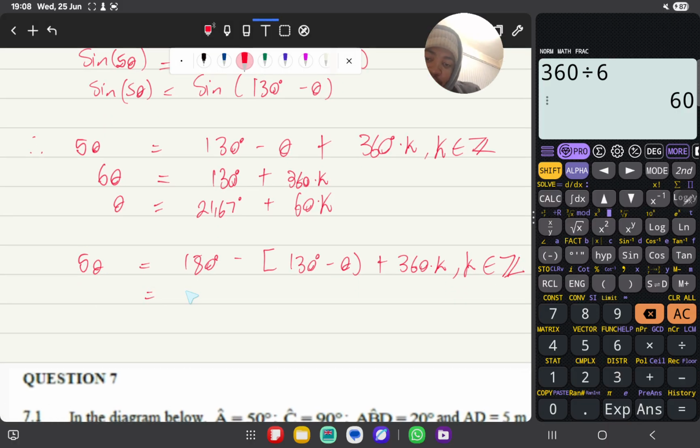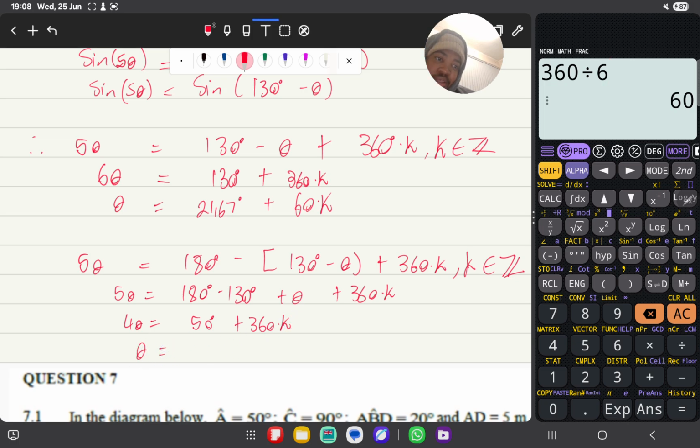So now you have 180 degrees minus 130 degrees plus theta plus 360 degrees times k. You transpose this onto the other side, it becomes negative, and therefore you have 4 theta. Then you do the subtraction here. I think that will be 50 degrees plus 360k, right? And then you do your math here.